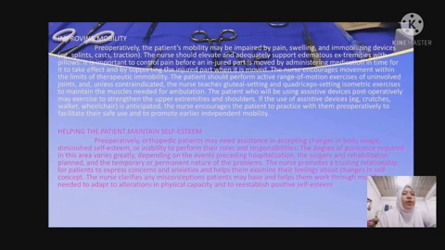The patient who will be using assistive devices postoperatively may exercise to strengthen the upper extremities and shoulders. The use of assistive devices such as crutches, walker, and wheelchair is anticipated. The nurse encourages the patient to practice with them preoperatively to facilitate their safe use and to promote earlier independent mobility.